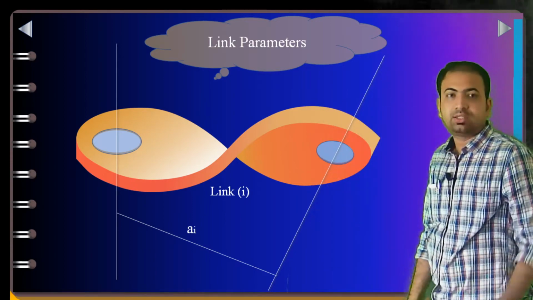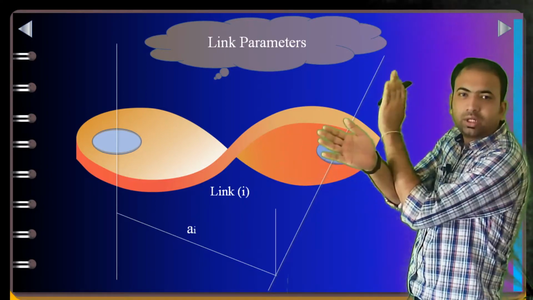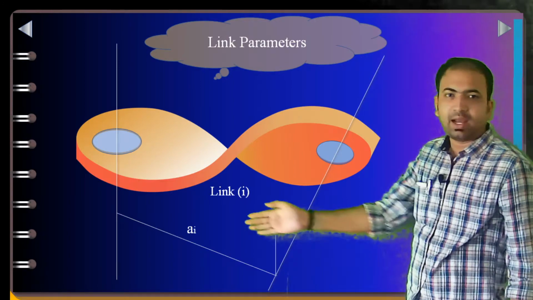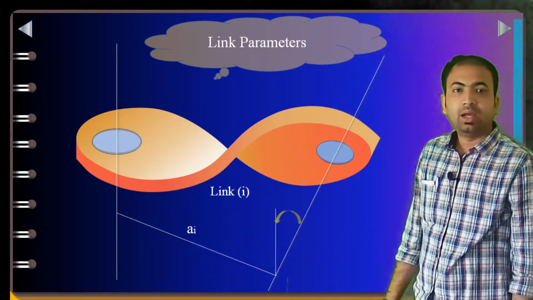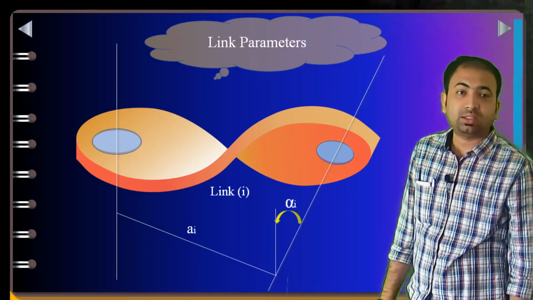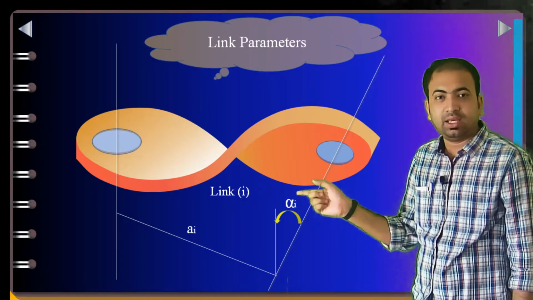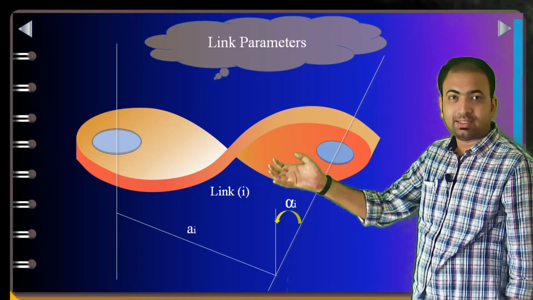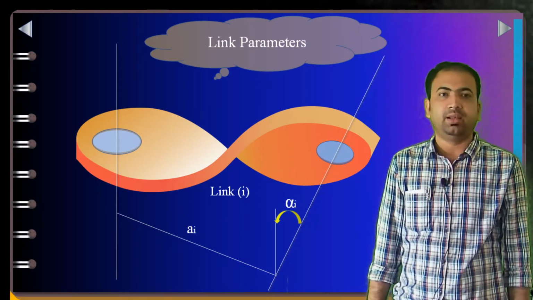As you can see here, what we did is bring this axis closer to this one. So this line and this line are parallel to each other, as you can see in this diagram, and the angle between them is denoted by alpha_i, as the name of the link is i. The angle between these two axes is alpha_i, which is also called the twist angle.